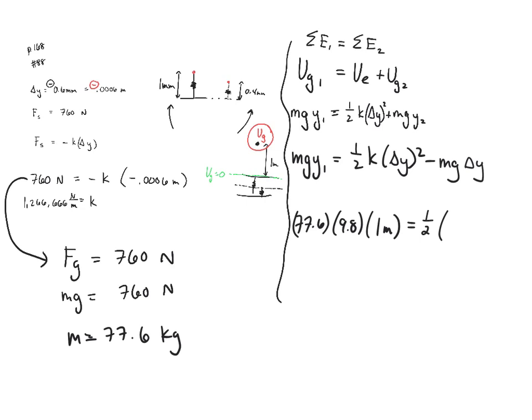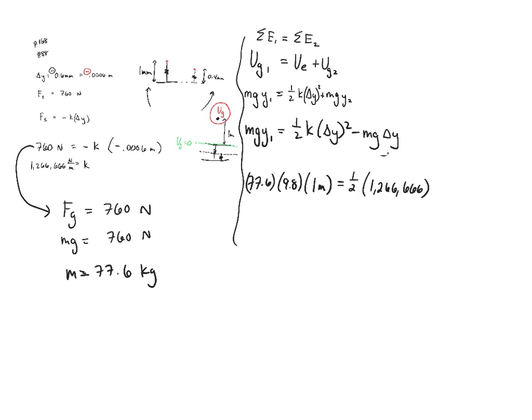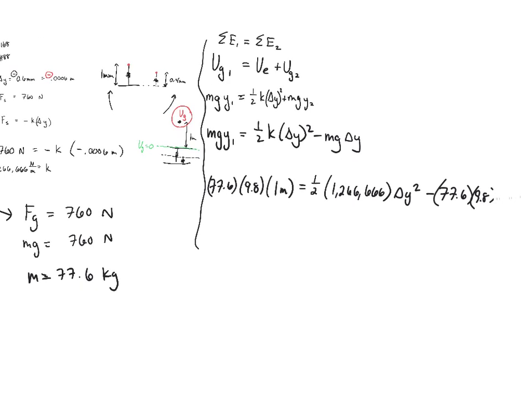What was it? 1,266,666, a lot of sixes there, times my delta y squared, and then minus 77.6 times 9.8 times the final delta y at the end. So that's what this equation would end up becoming.